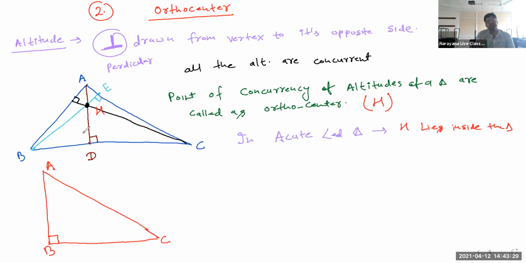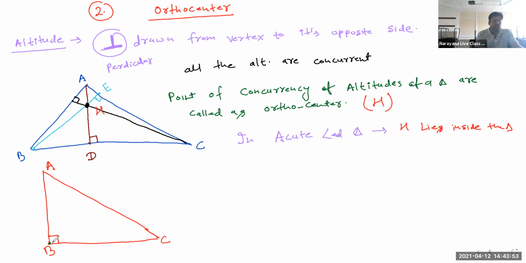Tell me, if you draw a perpendicular from vertex A to the opposite side BC, what will be the foot of the perpendicular? The point B as well.